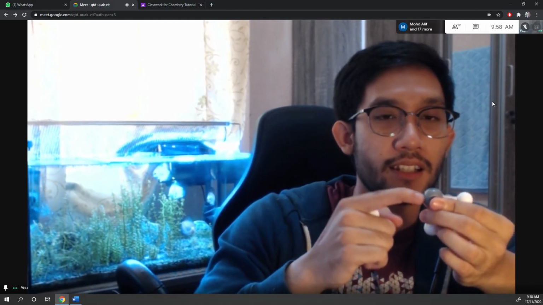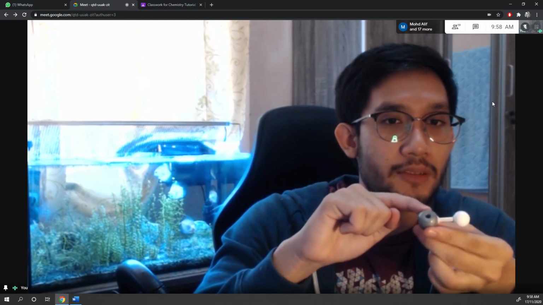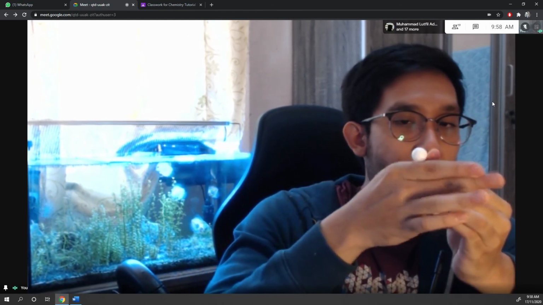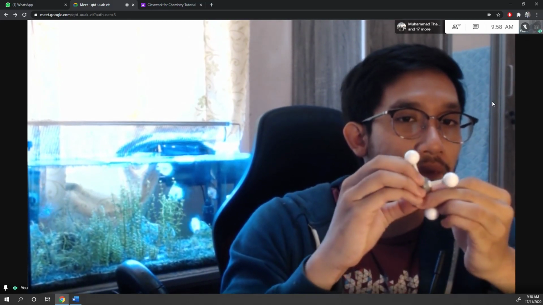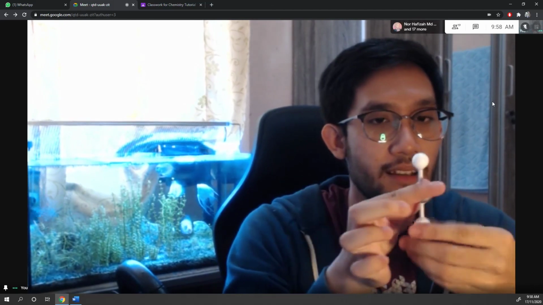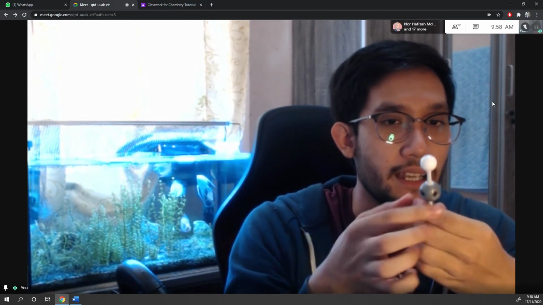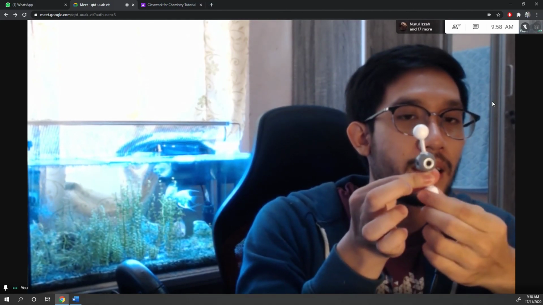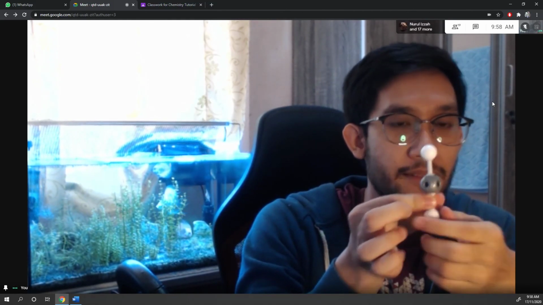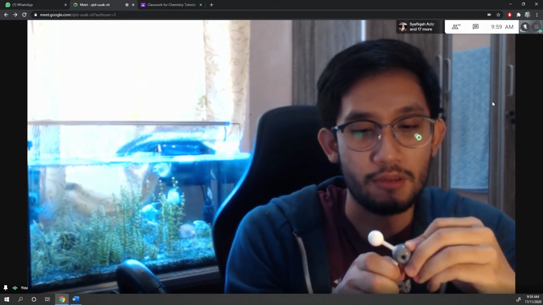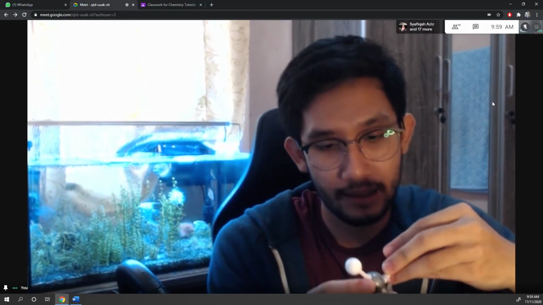They don't like sitting close together. This one and this one don't like it. This one and this one don't like it. So what I did, to place them as far apart as possible, I placed it here. So now my lone pair is cleaving this atom, and this atom has now become linear. Can? Can. Okay, do you have any question about this?